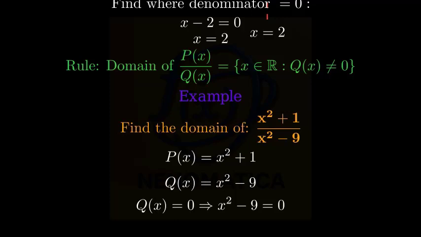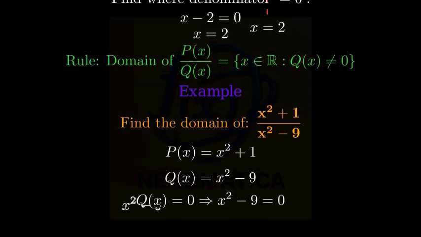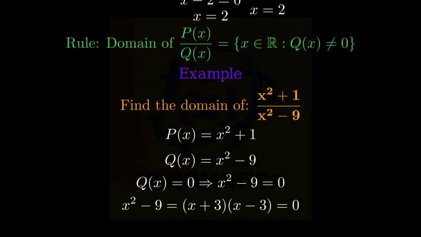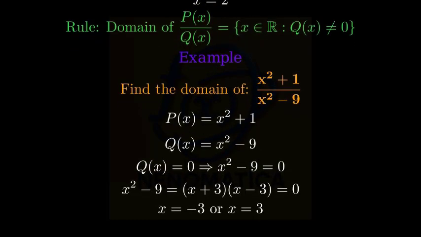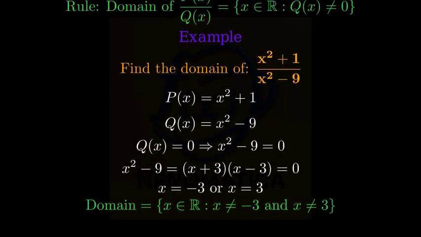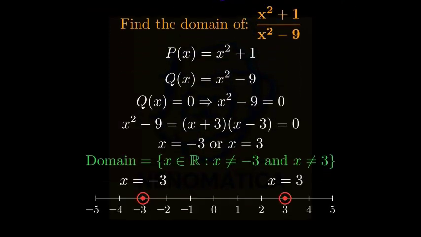Let's solve x squared minus 9 equals 0. x squared minus 9 equals (x plus 3) times (x minus 3) equals 0. This gives us x equals negative 3 or x equals positive 3. Therefore, the domain of this rational expression is all real numbers except x equals negative 3 and x equals positive 3. We can write this in set notation as x belongs to the real numbers such that x is not equal to negative 3 and x is not equal to 3.